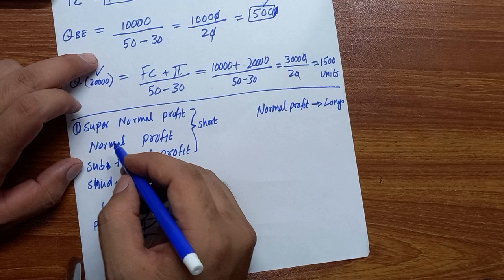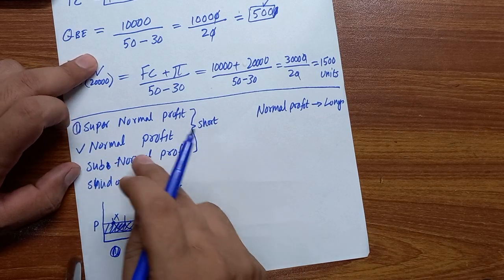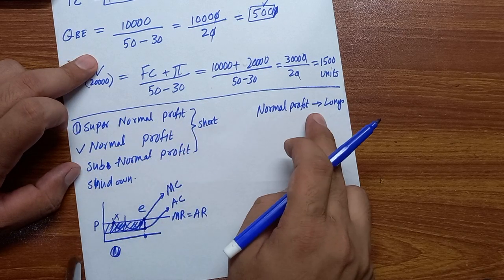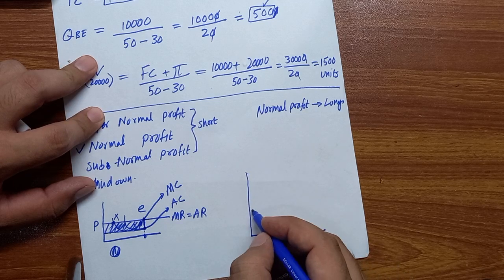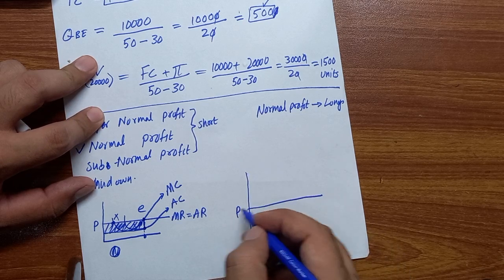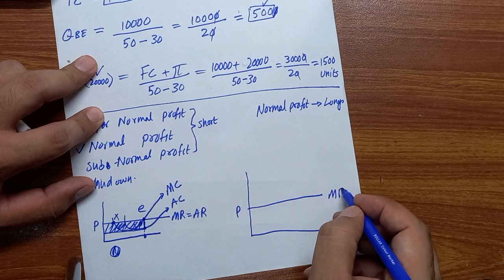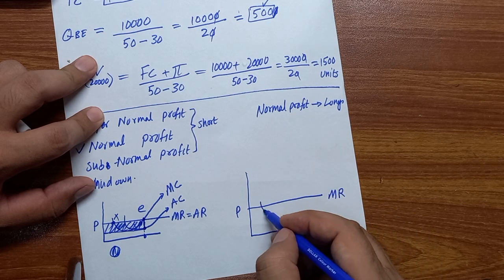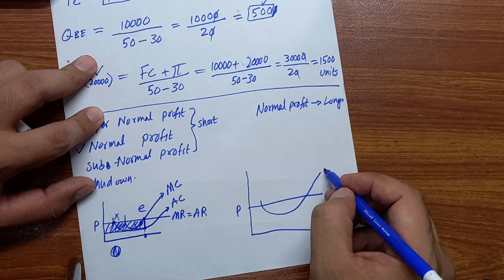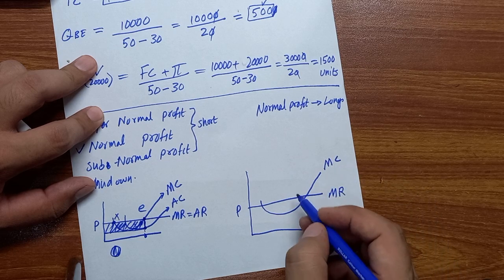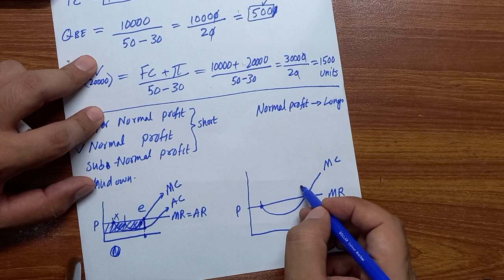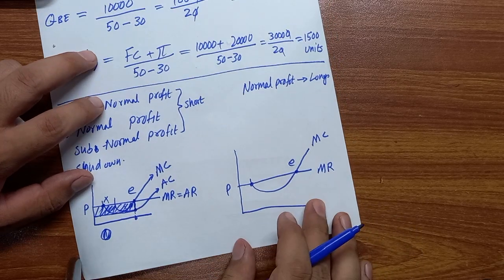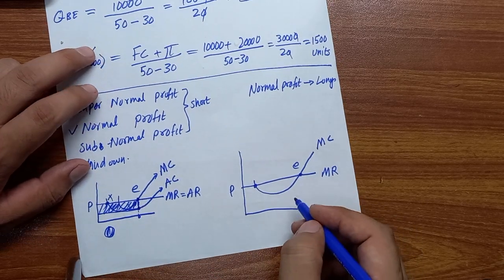For normal profit, which is in the short run and also in the long run, we have a graph. This is price, which is also MR, and here we have MC. Again we have two points, and we consider this point the equilibrium.